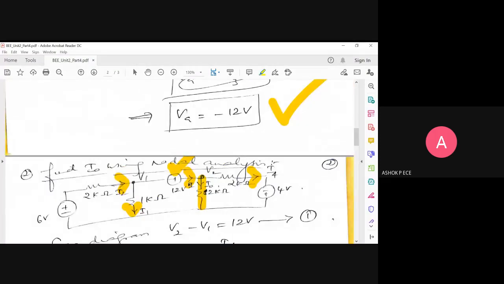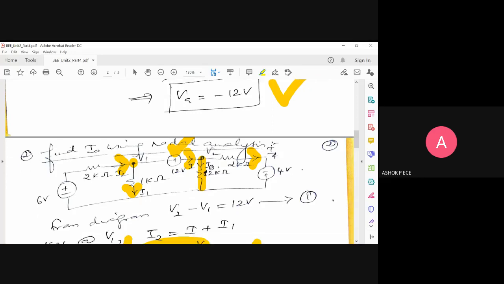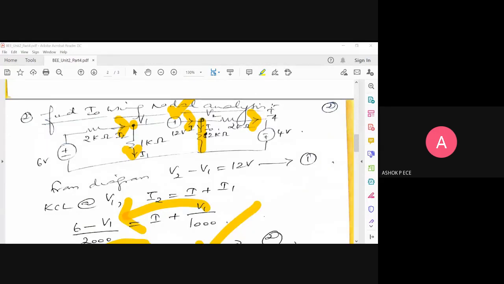For eliminating I, you need 2 equations: KCL at node V1 and KCL at node V2. Eliminate I using these 2 equations. But I have 2 unknowns, V1 and V2, and only 1 equation. How to get the second equation? Moneshwar.